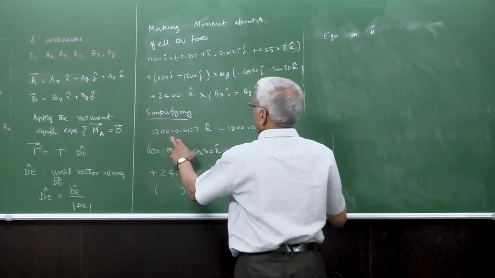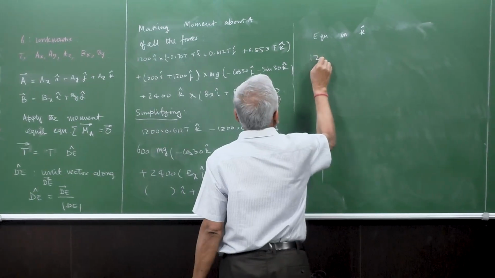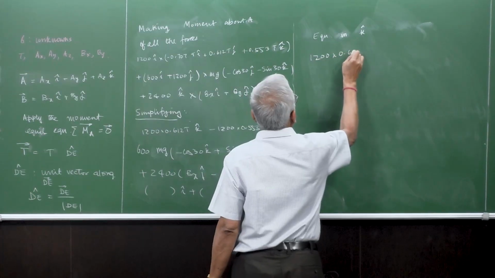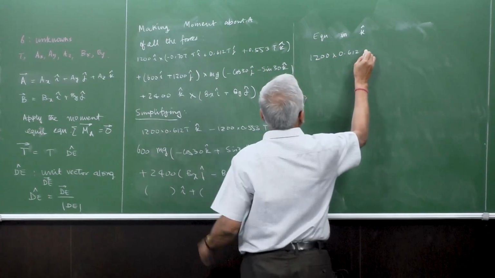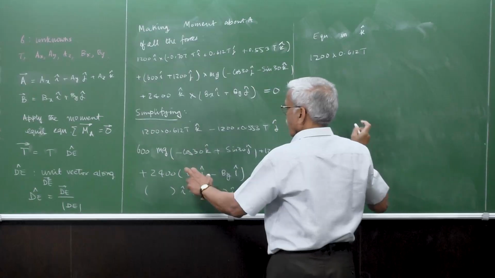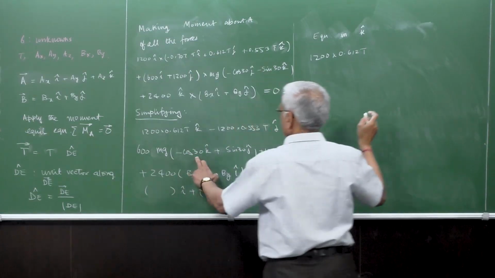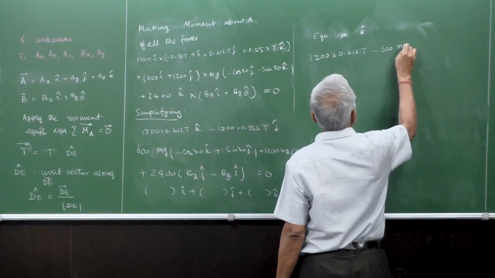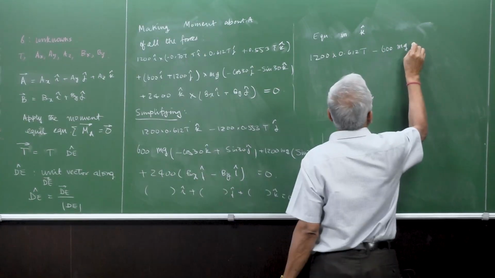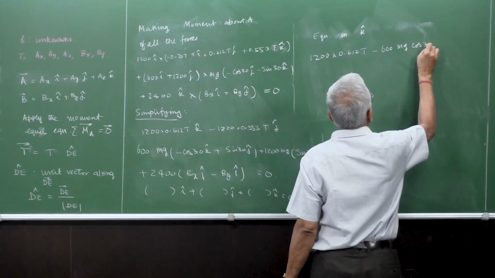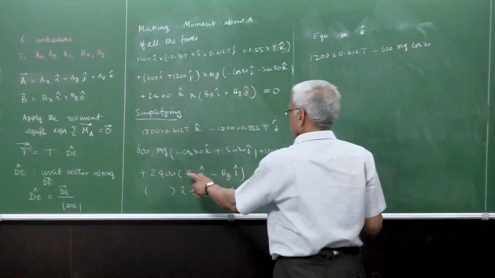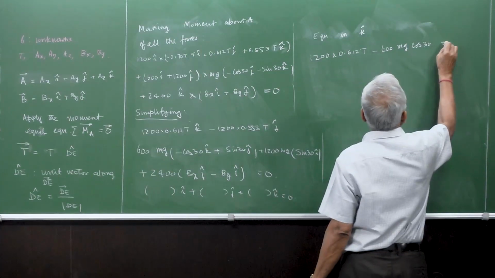then what all you require here is that 1200 into 0.612 T, right? This is k, and here you have another k, so it is minus 600 mg cos 30. So this is k here, and there is no other k here, that's all.